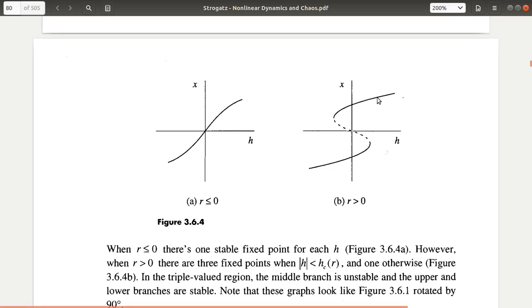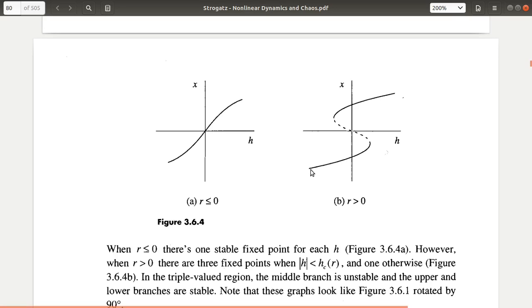Say I am reducing my h value, so it's going to follow this branch, and once I reach this point, suddenly there will be a jump, and I will have a totally different stable fixed point. If I further decrease my h value, I will start following this branch.